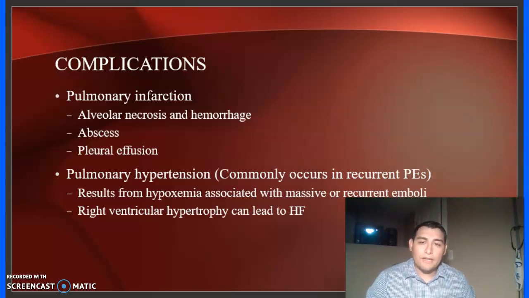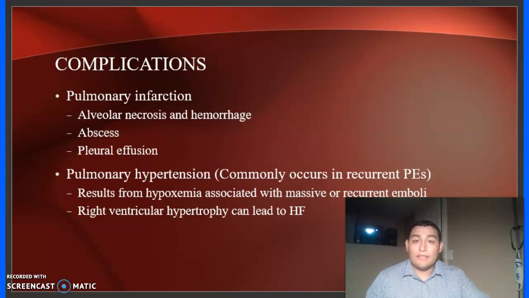Other complications can include pulmonary hypertension, which commonly occurs in recurrent pulmonary embolisms, not just one single event. With pulmonary hypertension, you would have patients who have hypoxemia associated with the massive recurrent emboli.